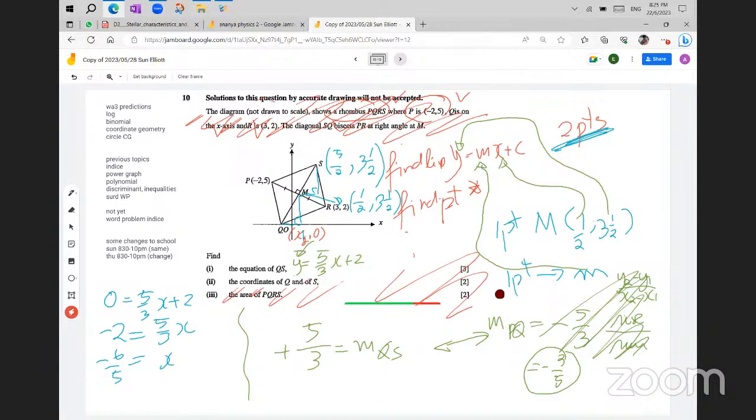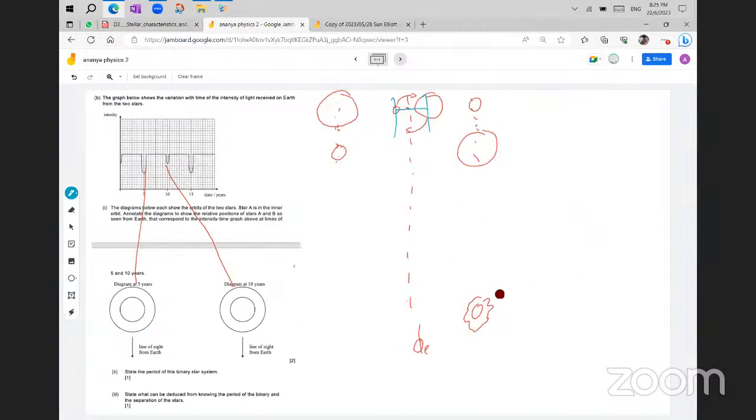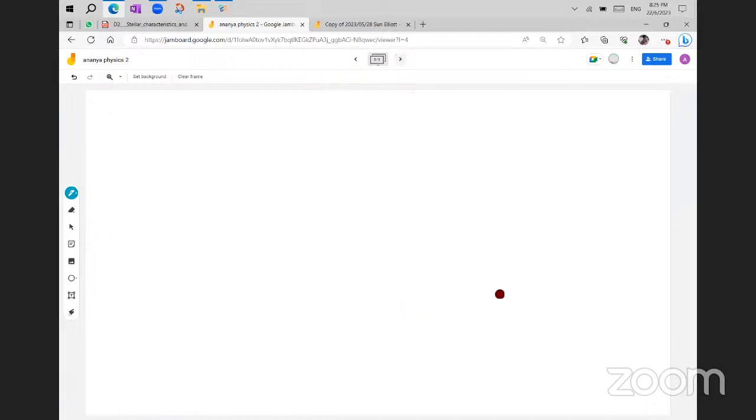Ananya, I'm sorry. I'm basically asking you to paste the Cepheid variable question in this chat. Yeah, I'm finding it. Sure thing.